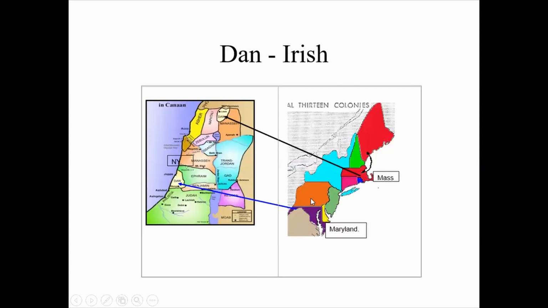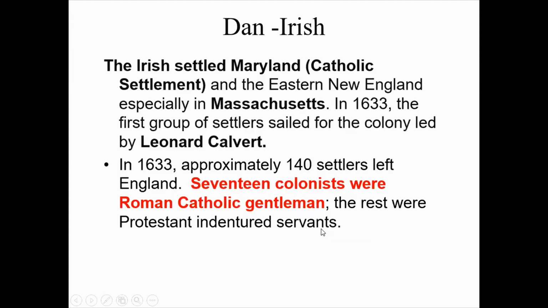All right, and so they also had another little settlement, and that was in Maryland also. So they had two little settlements, one in Massachusetts, one in Maryland. All right, the Irish settled Maryland. They were a Catholic settlement. Massachusetts in 1633, the first group of settlers sailed for the colony led by Calvet.